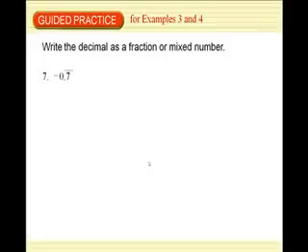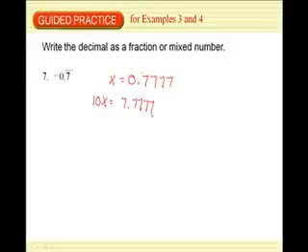Okay, so here we go. It's negative. So the first thing is you have to make x equal 0.7777. We'll just write a couple of them. There is one repeating digit, so we are going to multiply by 10. 10x equals 7.7777.